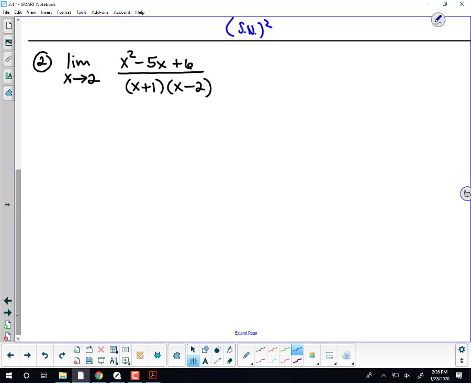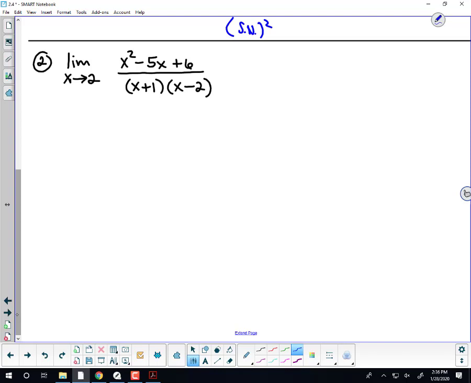So we'll compute this limit next. And really, the approach that we took in that first one was, I would say, a little bit careless.